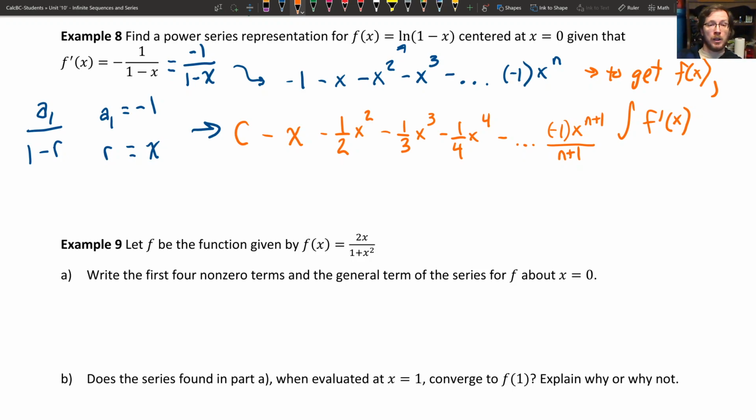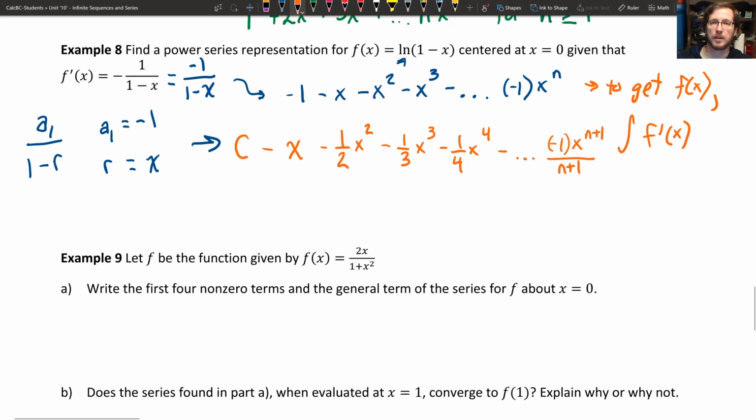Now we've got that c in there. We don't want to leave that c in there. We don't want a general function, we want this exact function. We're told that it's centered at x equals 0. So if we plug 0 into our function, we get the natural log of 1 minus 0, which is just 1.